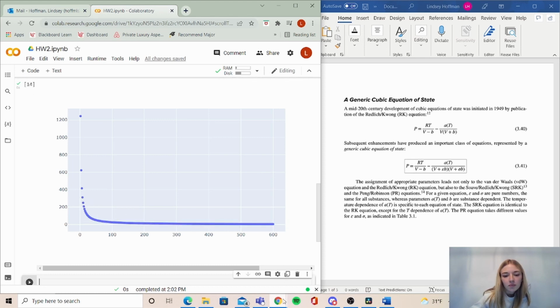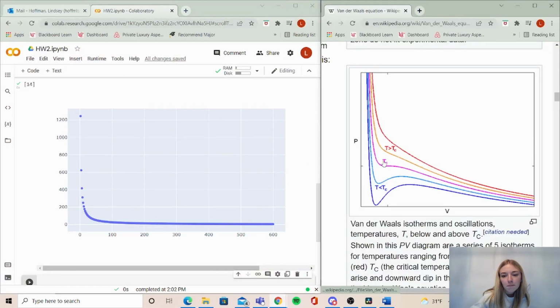But I've pulled up van der Waals isotherms, and you can see here that they have this little dip right here. And in our graph over here, we don't have that. So we're gonna need to do some changes to this to get it to look like that one. So one issue we could be having with our graph here is that we're starting on 0 down here, which I believe these isotherm curves don't start at 0.